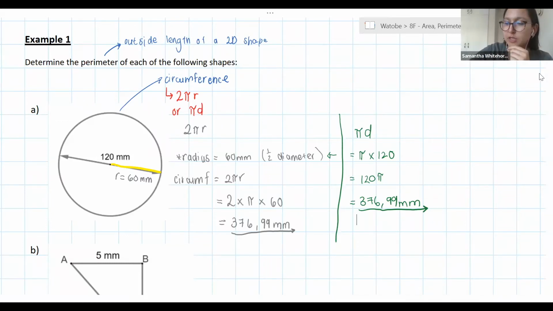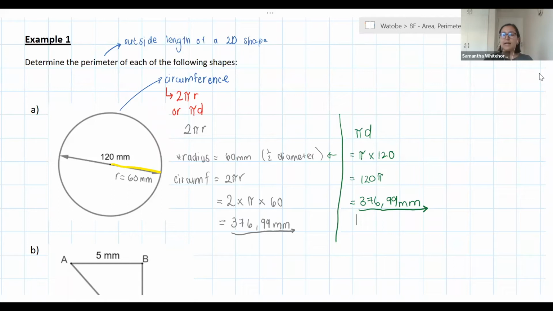Okay, Tandor, do you have a question for us? Ma'am, isn't the second formula the shorter way of doing it than the first way? Because to me, it looks like the first way will give you more marks than the one on the second block. Okay, so both would give you the same amount of marks because technically they're the same thing.